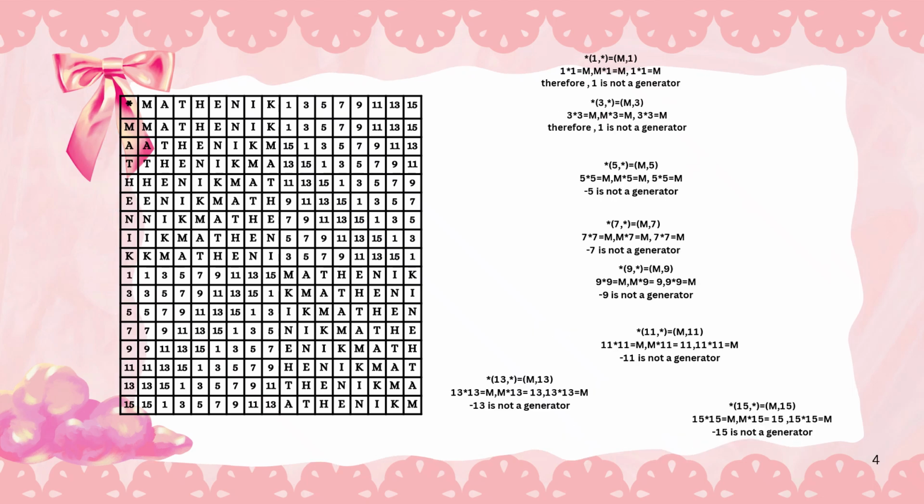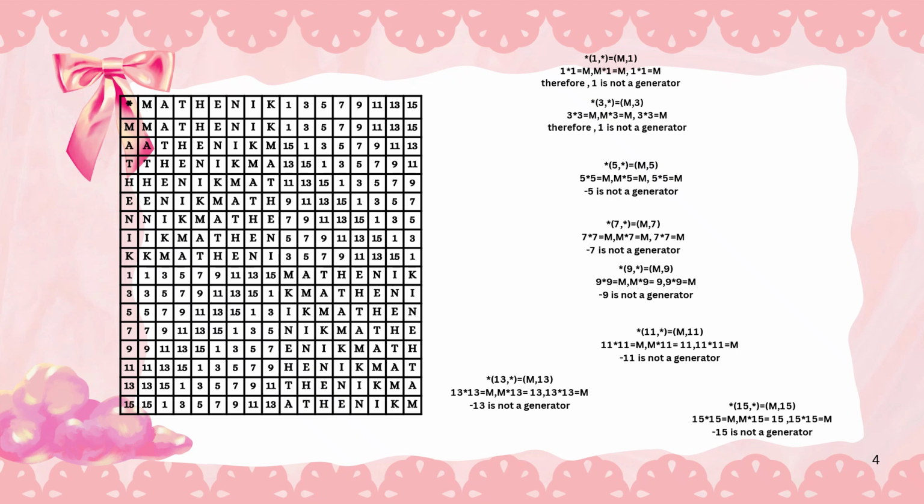Now let's proceed to 1. 1 operates by itself, 1 operates 1 is equal to M, then M operates 1 is equal to M. Therefore, 1 is not a generator.